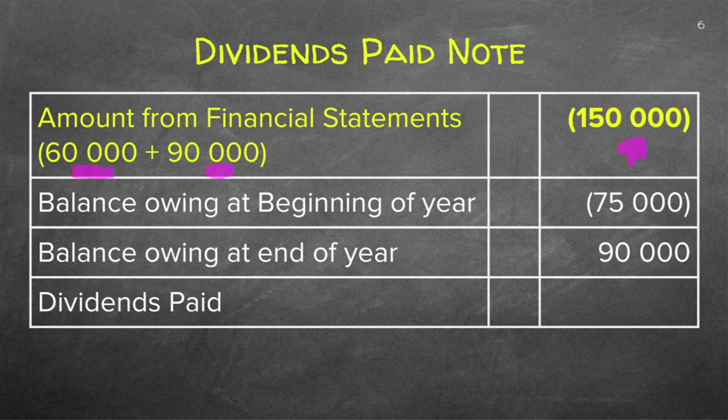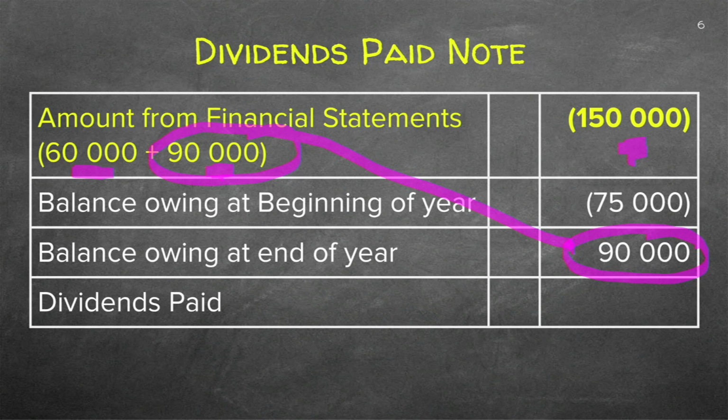And it looks as though I've paid 150,000 Rand. But in fact, I haven't. Why? Because here I've got the 90,000 Rand, which was declared but not yet paid. Can you see it is the same amount over there?